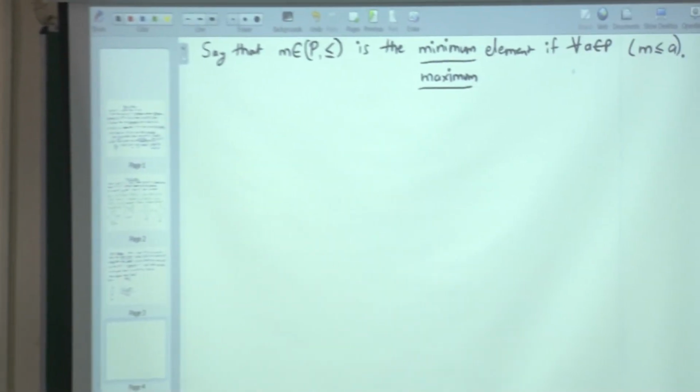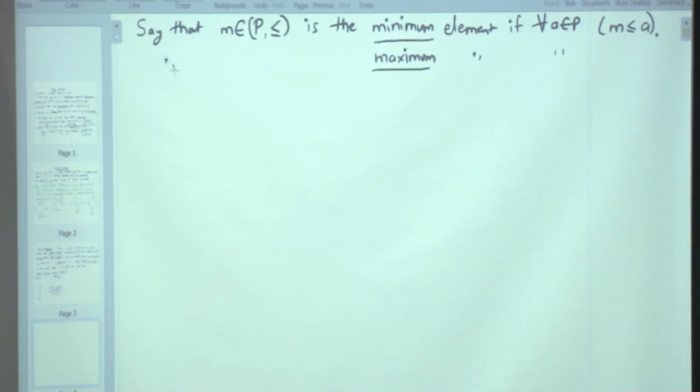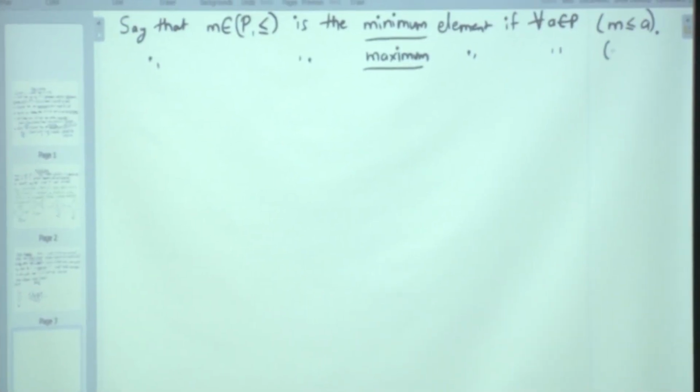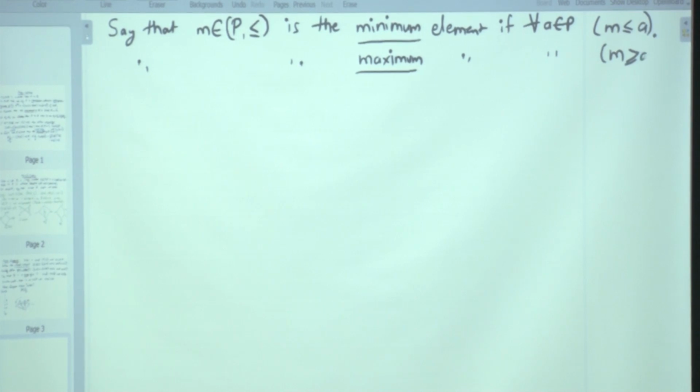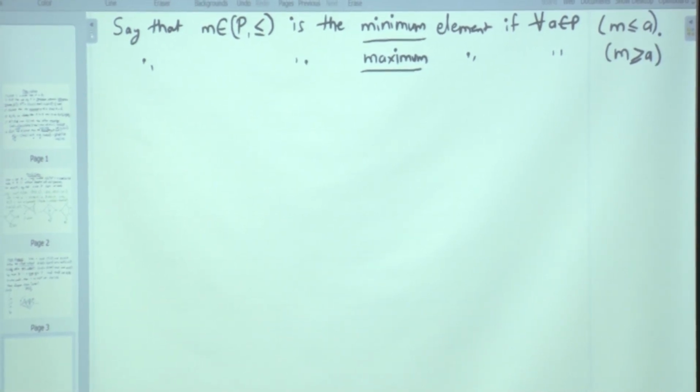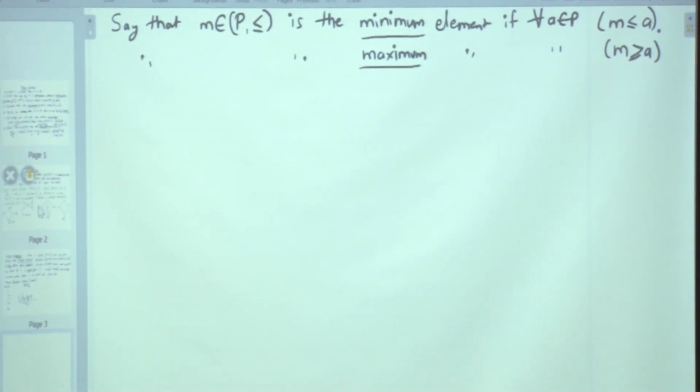What will be the maximum, if for all A in P everything else is the same? M bigger equal A. Okay, so the definition is easy.